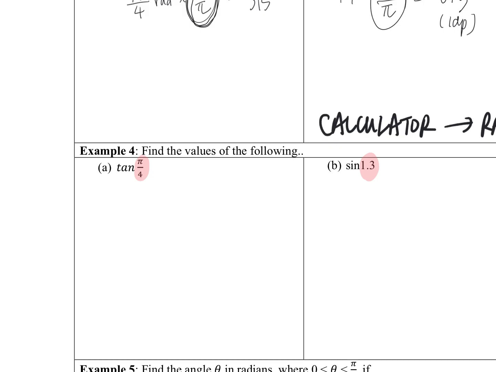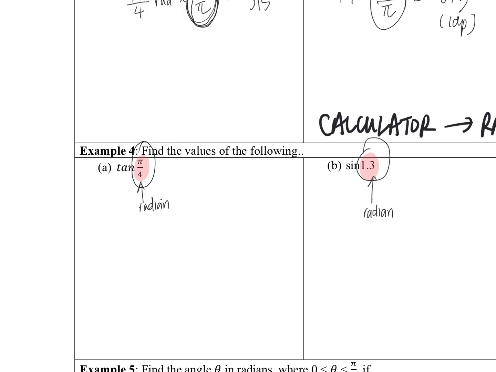But when you start seeing numbers in terms of pi, or it has no degree attached to it, you know this angle is measured in radians. Then you need to start changing your calculator to radian mode. Not a nice number doesn't matter, as long as it doesn't have a degree symbol attached to it.